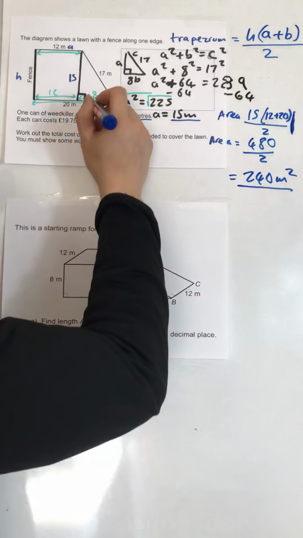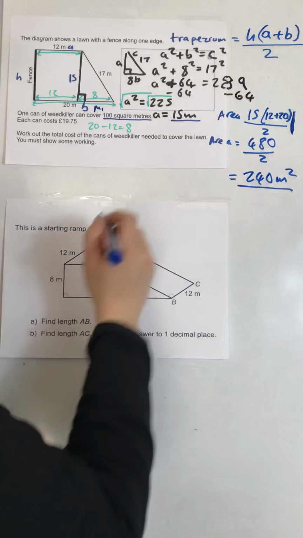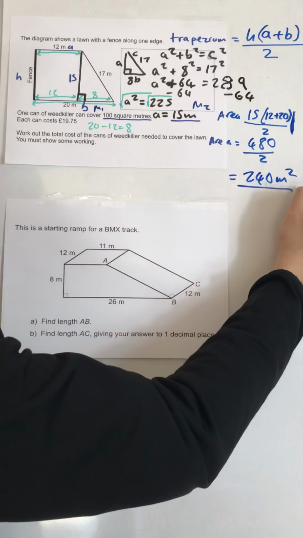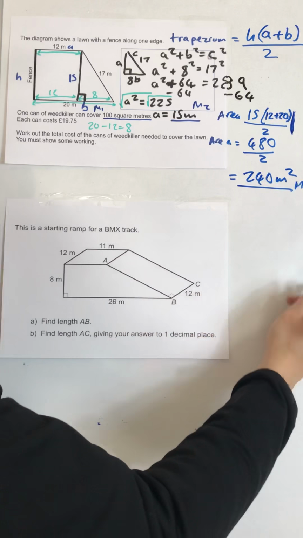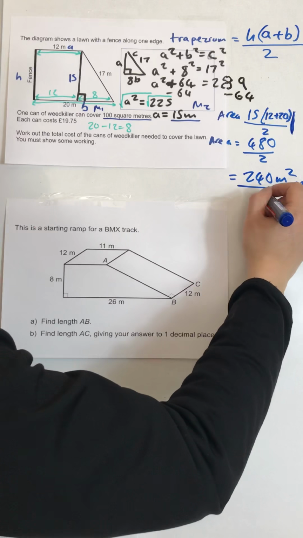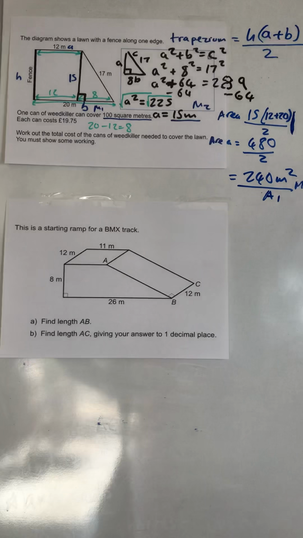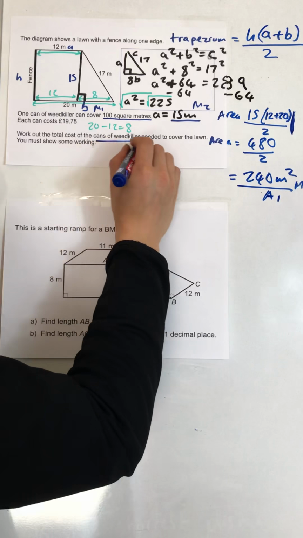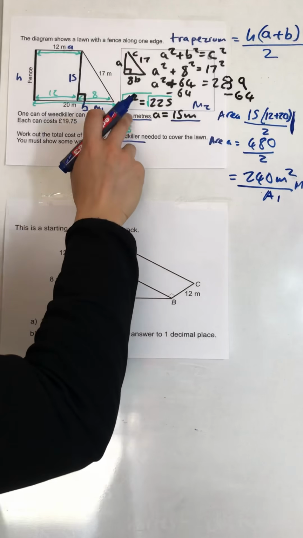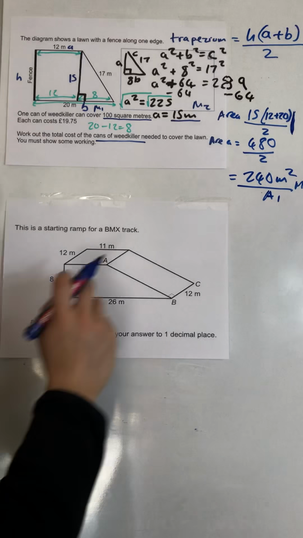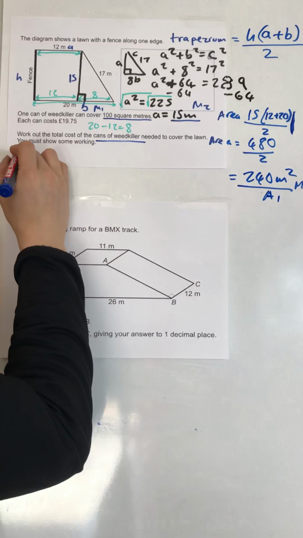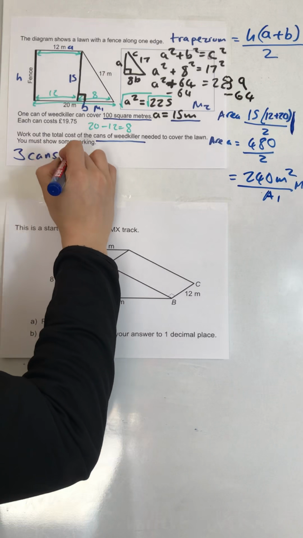That will probably get you your M1, your M2 mark, your M3 mark, or arguably an A1 mark here. And the very last step is work out the total cans of weed killer. Each can covers 100 square metres and the area is 240, so we need 3 cans. 3 cans needed.